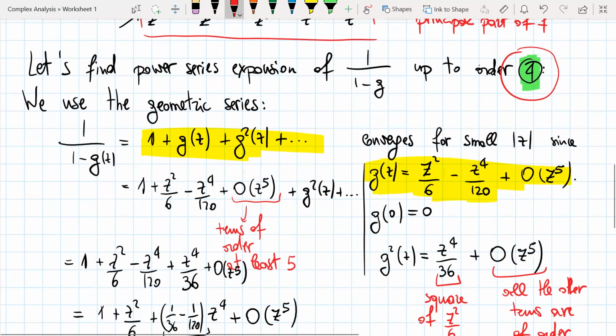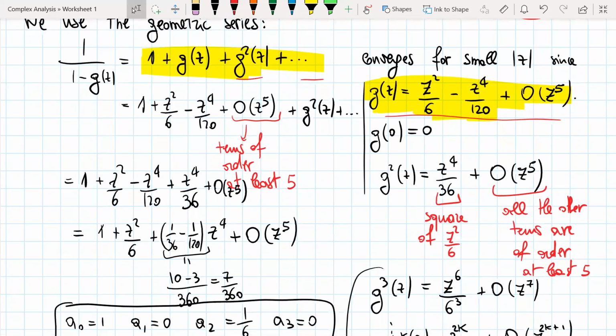And you see that for g, I already have written here what are these terms up to order 4. Z squared over 6, and then z to the 4th divided by 120. And then for all the other powers of g, I have to see what are the terms of order up to 4. So for g squared, I did this here. I just took the expression above, and then you have to take the square of the first term. And then there will be other mixed terms multiplying z squared with z to the 4th over 120, and so on.